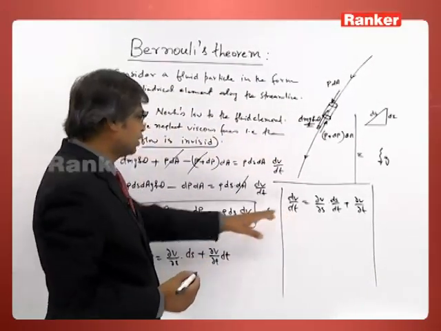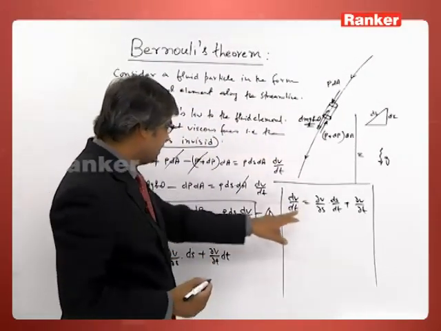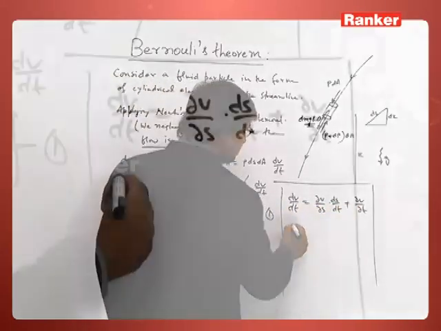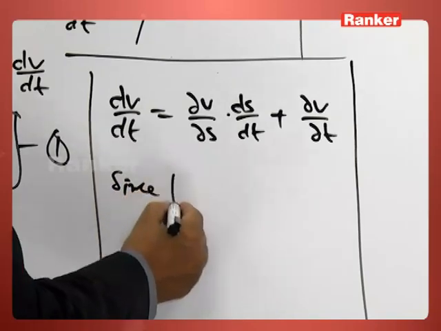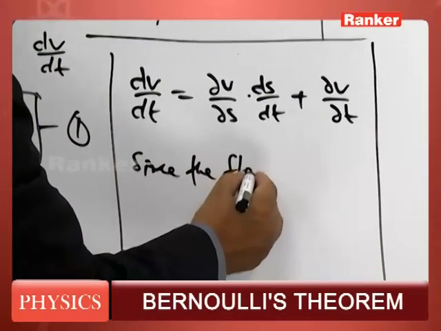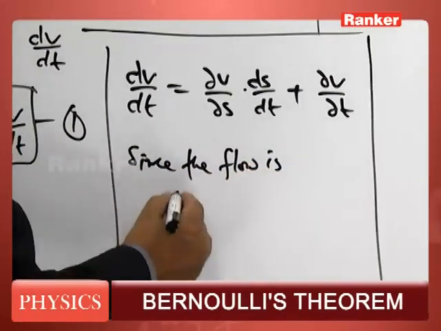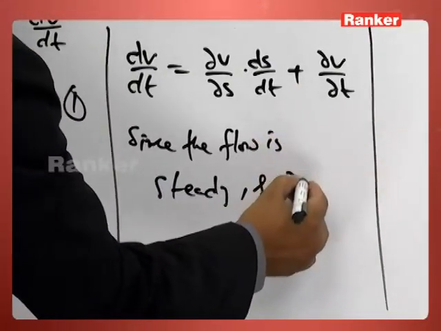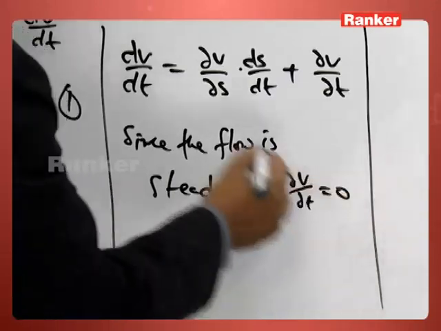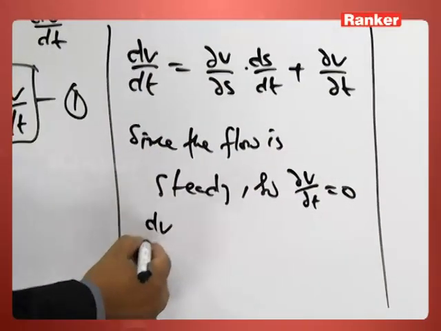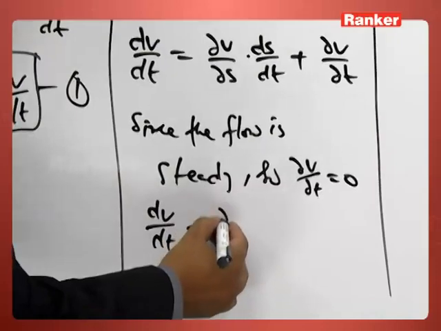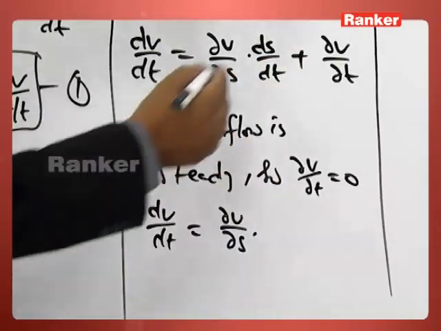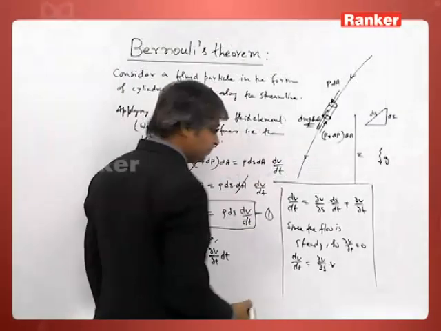Now since the flow is steady, dou v by dou t is equal to 0, and dv by dt is replaced only by dou v by dou s into ds by dt, which itself is v.